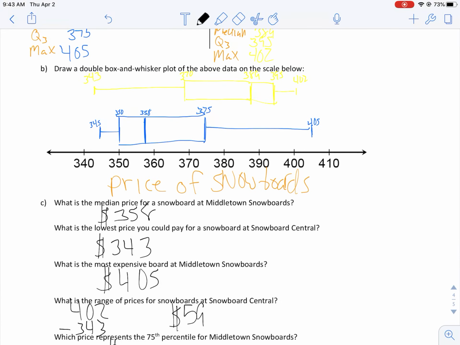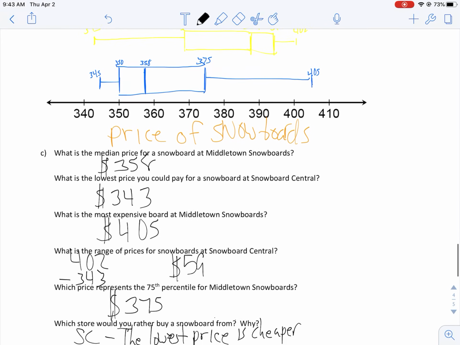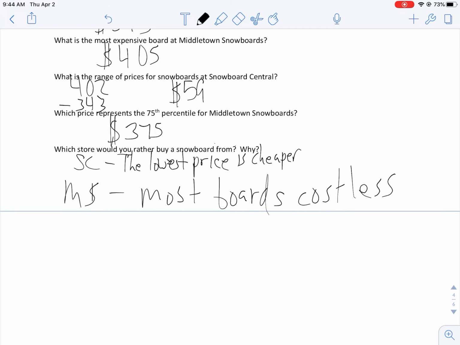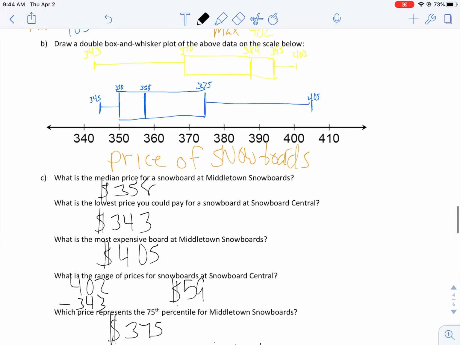If you look at the box, you could say most boards cost less. And you could make that assumption because if you look graphically, their Q1 at Snowboard Central is just slightly lower than Q3.